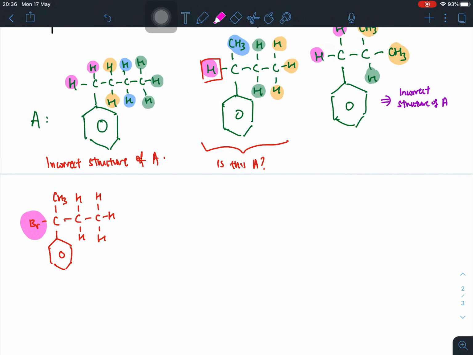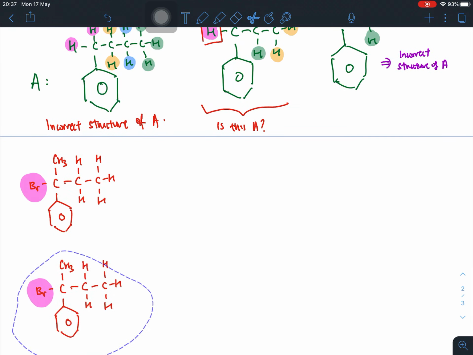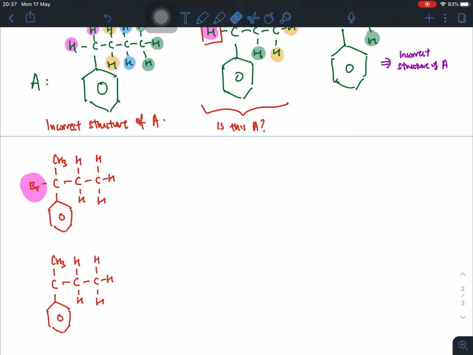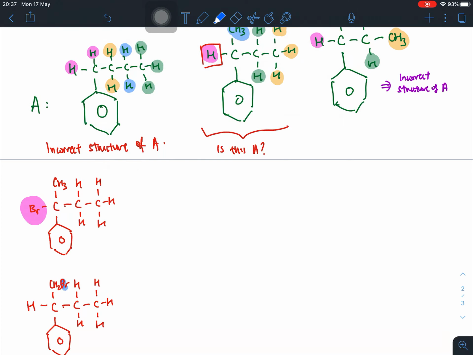If the one that is highlighted in blue is the one to be substituted, let's look at what it is. Okay, so this is the one in blue that is being substituted.